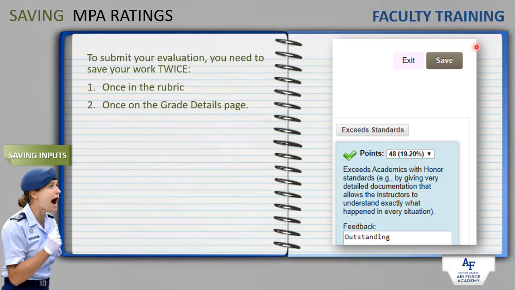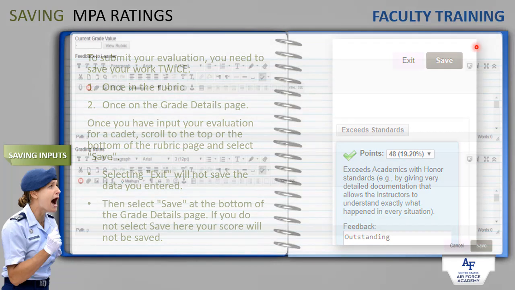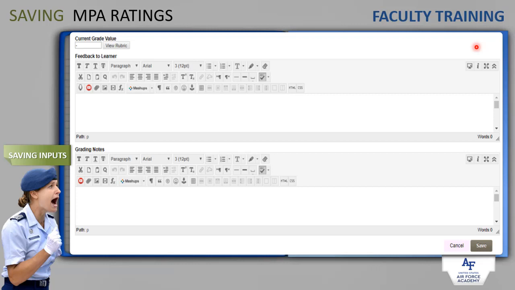Moving on. So make sure you save it. This page just basically says you've got two places you need to save. Save the rubric itself as that breakout window, and you'll see when you click on that rubric, it pops up as a pop-up window inside of the grading window. And so you'll do your marks there, write in your feedback, then you'll save that point, and then you go back to that other page which has additional feedback and a place you can make some grading notes and those kinds of things.